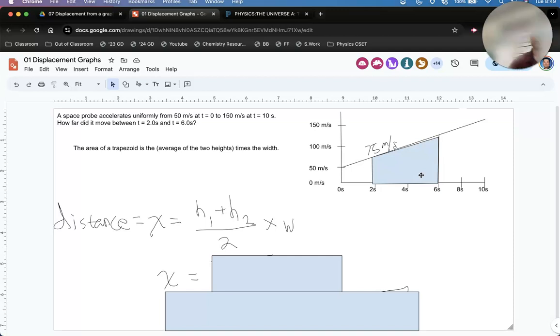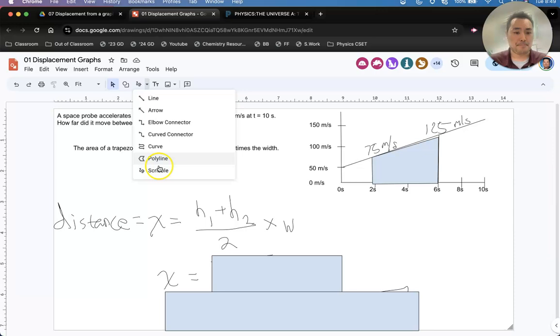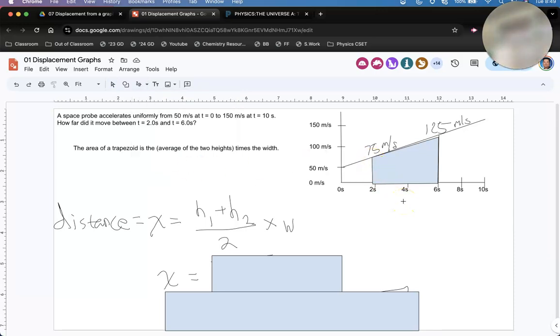But here, you can estimate with your ruler. And then at 6 seconds, you can estimate the velocity to be 125. So we've got 75 right here at this corner, and then 125 at this corner. Maybe I'll draw a dotted line. So you really need a graph to make this solvable, and it's mostly because of that estimate between the velocities given.